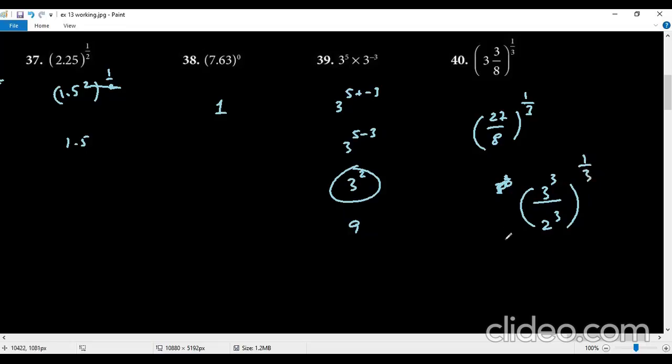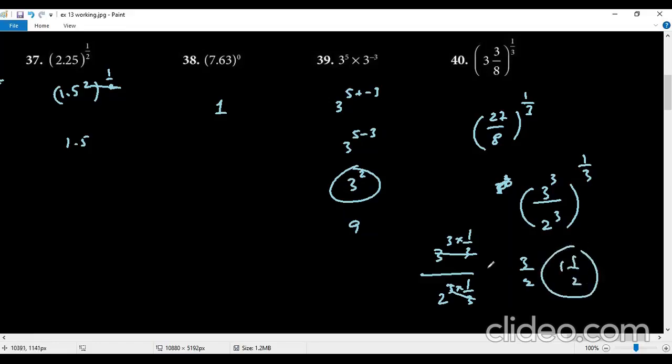That means this 3 is going to multiply by 1 over 3, and 2 cube times 1 over 3, because this exponent is for both of them. That's the rule I've already explained to you in the beginning of this video. So 3 cancel, 3 cancel, 3 over 2 means 1.5, or 1 whole 1 over 2, both are the same thing. Now comes question number 45.